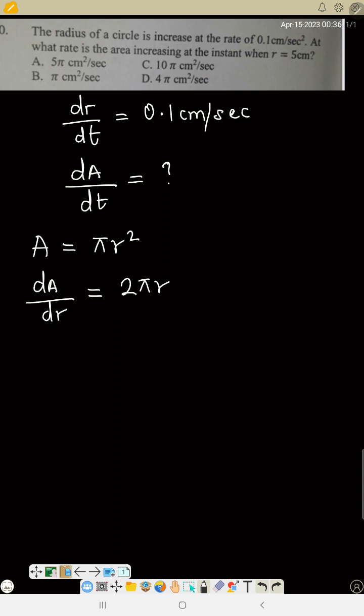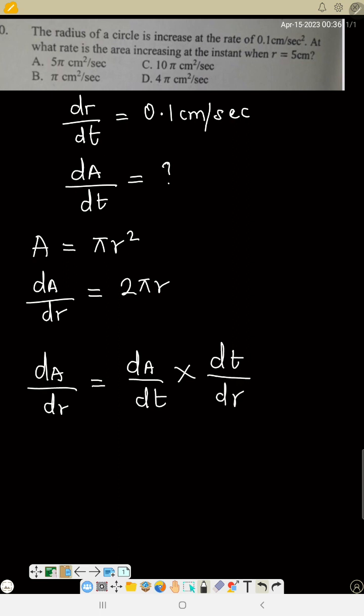Now the formula that will connect it will be dA dr is equals to dA dt times dt dr, so that if the dt cancels out, for example, it remains dA dr. So like that. So this will be the formula we are going to use now.